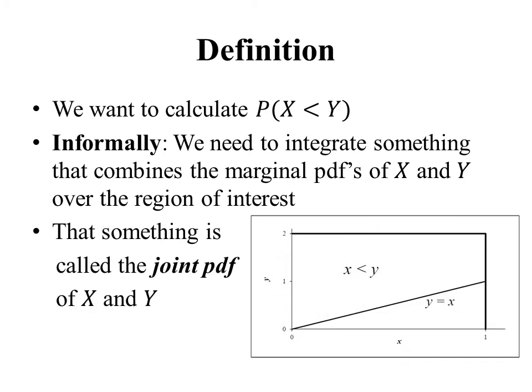Okay? Now that something that we're going to integrate is called the joint PDF of x and y. Called joint PDF because it's a PDF in the sense that we're going to integrate it. Joint because it's a combination of x and y. And this joint PDF is denoted f of x comma y. A little f because it's a PDF, x comma y because it combines x and y.